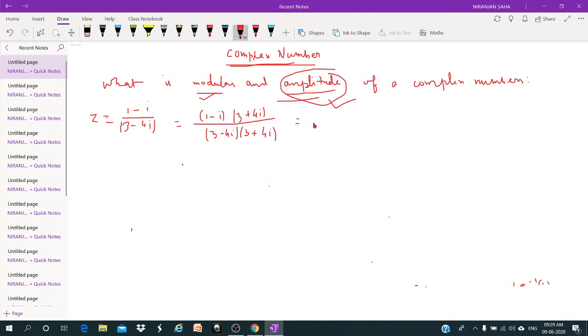This will be equal to, in the denominator, 3 square minus 4 iota square, and the numerator will be 3 minus 3 iota plus 4 iota minus 4 iota square.